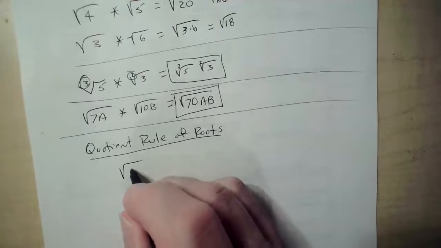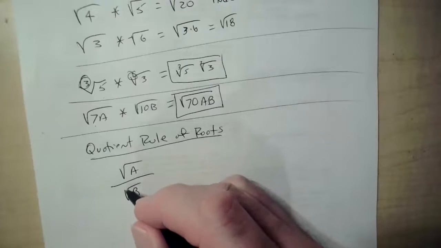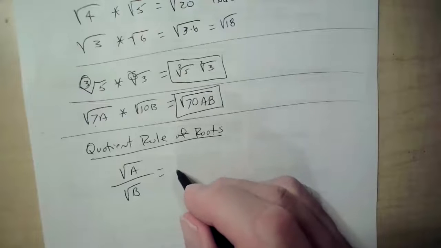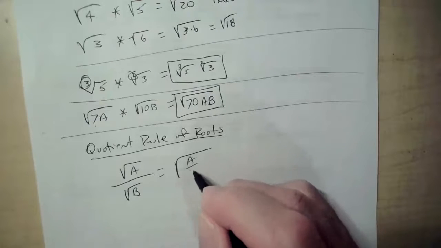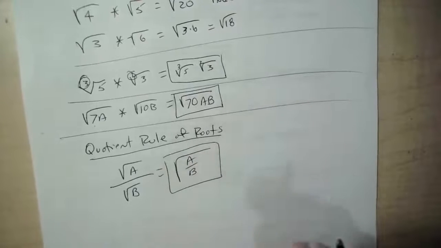Okay, so if we have the square root of A divided by the square root of B, again, we have the same indices. You can put it under the same radical, square root of A over B. Same thing.